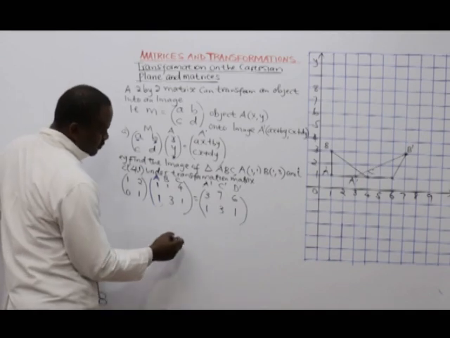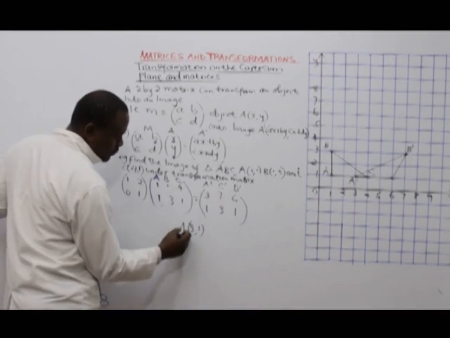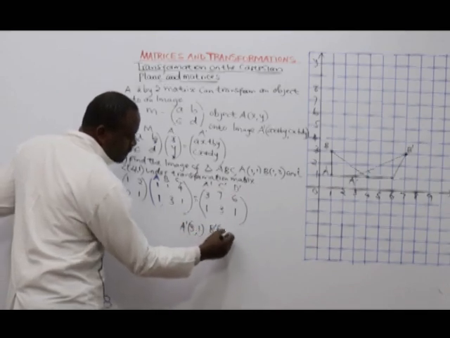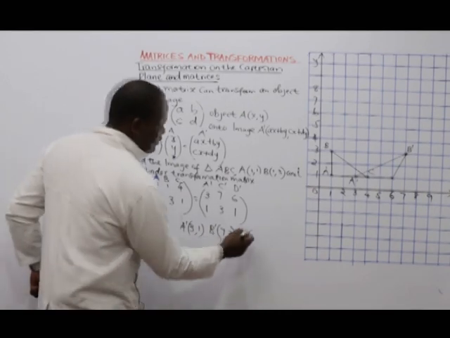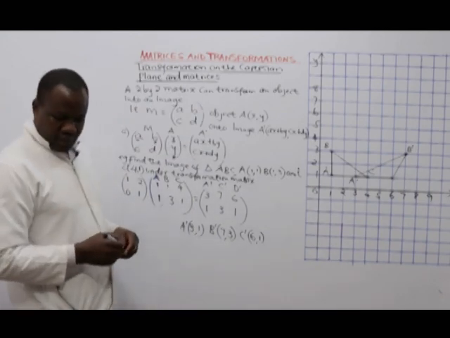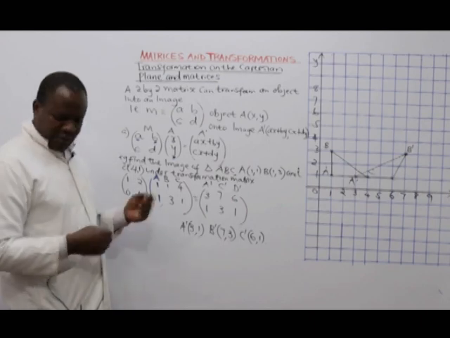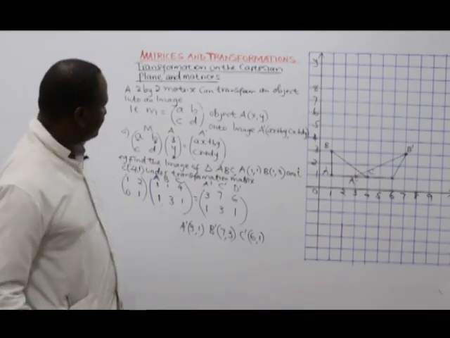And the image will be (3, 1) for A prime, (7, 3), and (6, 1). So you can use, therefore, a 2 by 2 matrix to transform any figure into another figure.